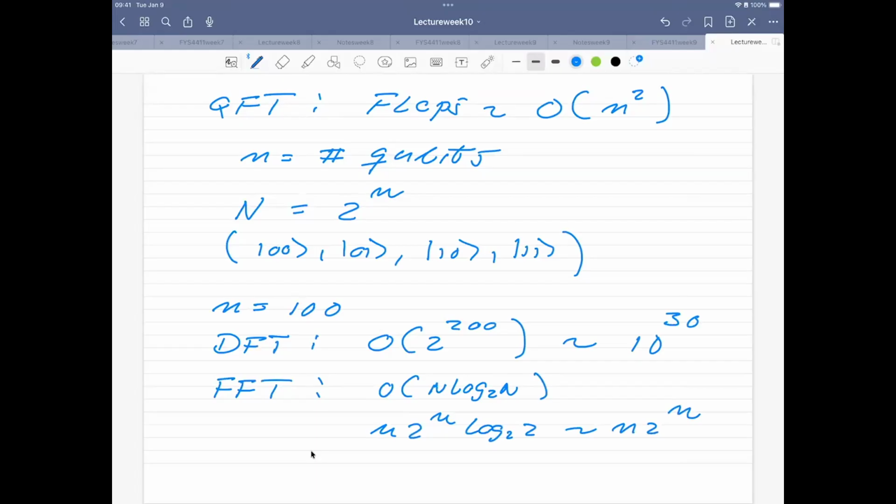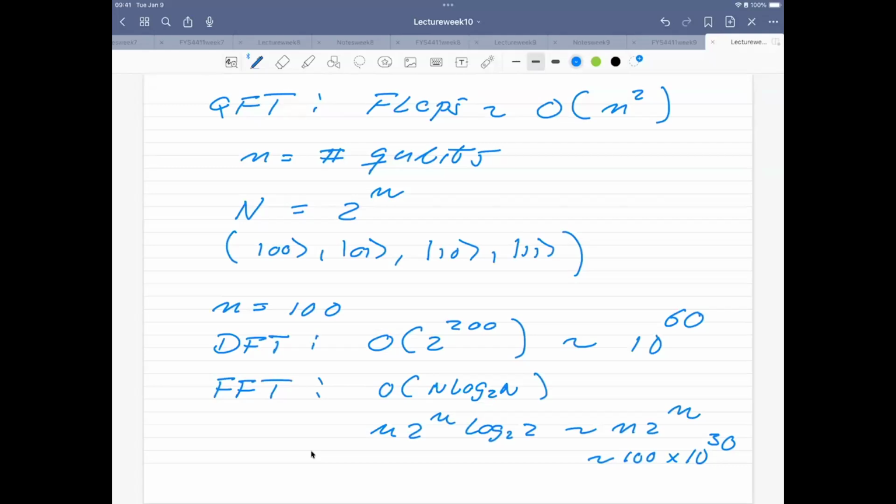So 2 to the power of 100 is actually, I messed up a little bit, this is 10 to the power of 30, so 100 times 10 to the power of 30.